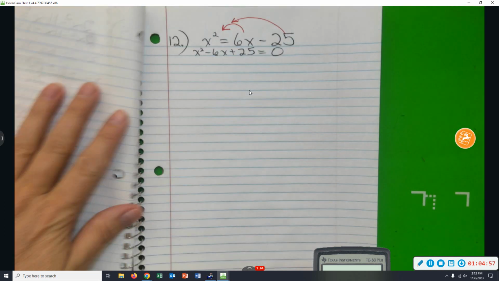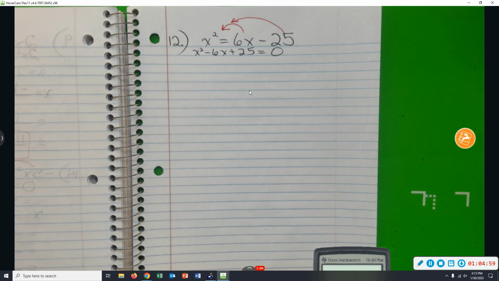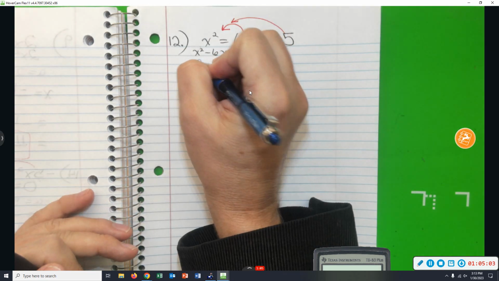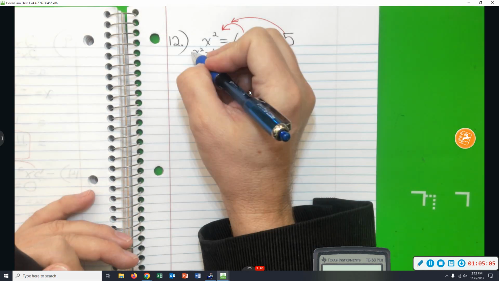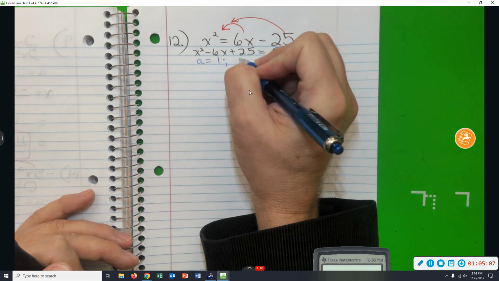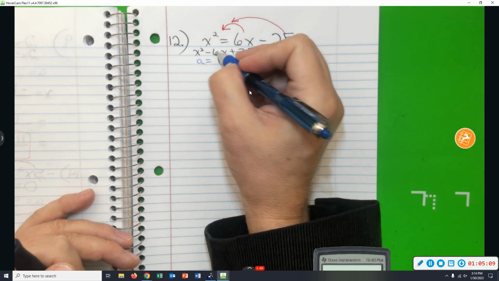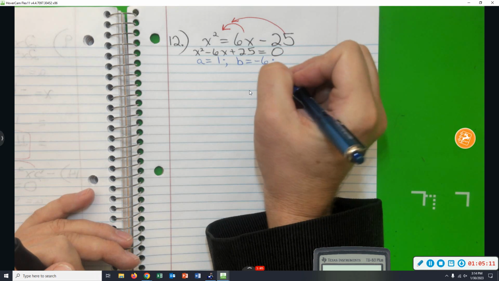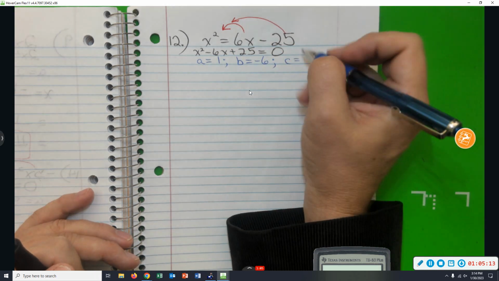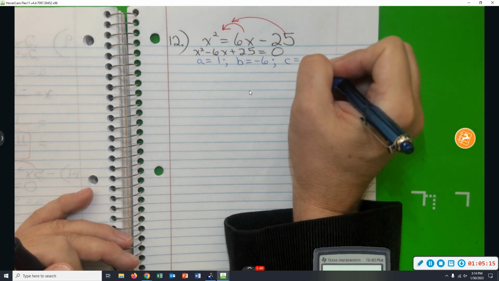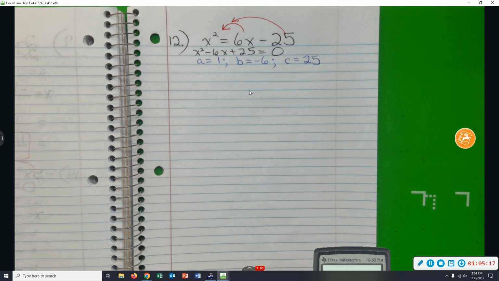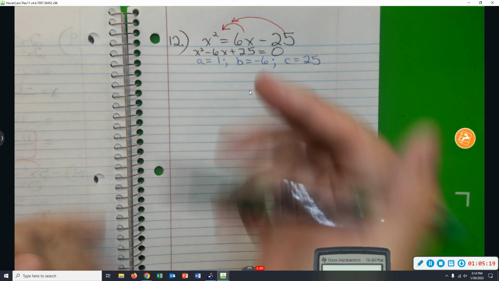Okay? So write out A, B, and C. A is positive 1, B is negative 6, C is 25. Now rewrite that quadratic formula.